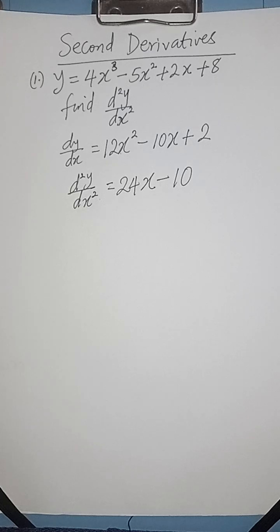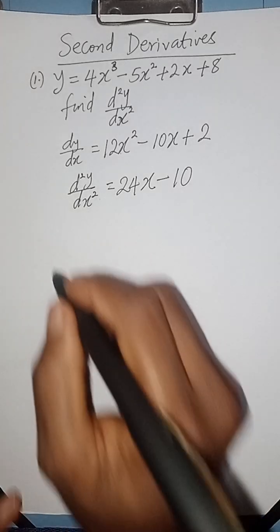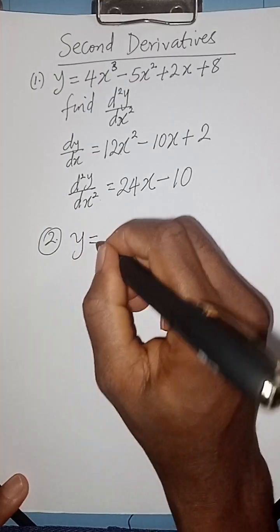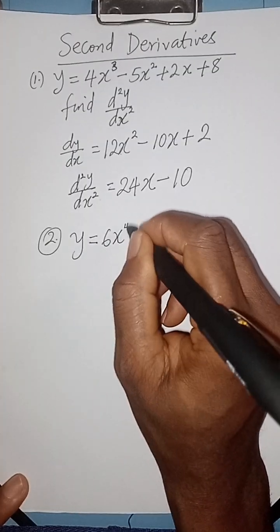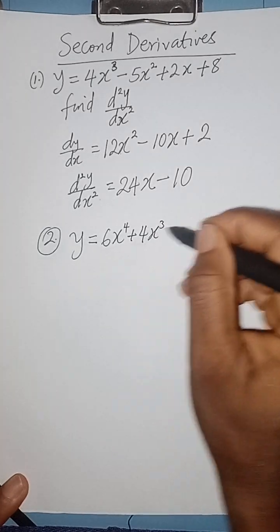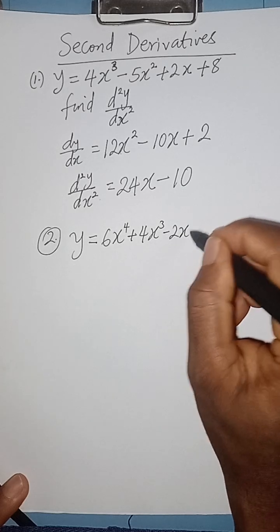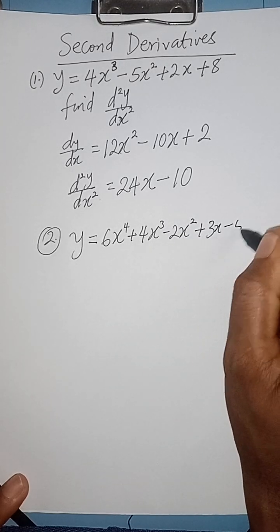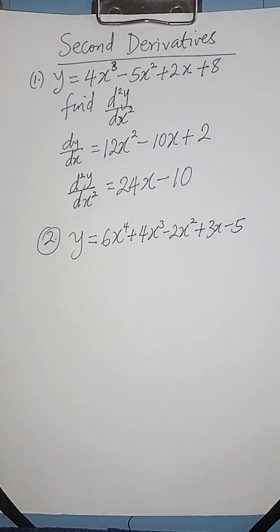So it also applies if I have another example. Let's say y is equal to 6x raised to power 4 plus 4x raised to power 3 minus 2x raised to power 2 plus 3x minus 5. And the question says find the second derivative.